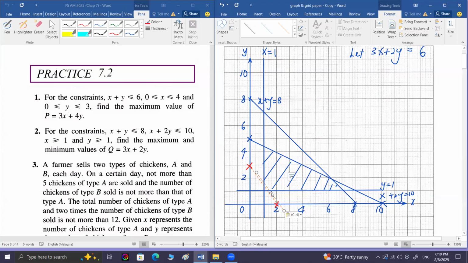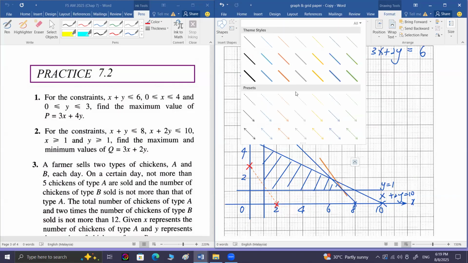So for the parallel, I shift to the maximum. The last point from the shaded region, okay, you see? If you say this one not yet, you see, we still can move until here. Is it too light? Okay, wait, now I change the weight. Seems like a bit light.